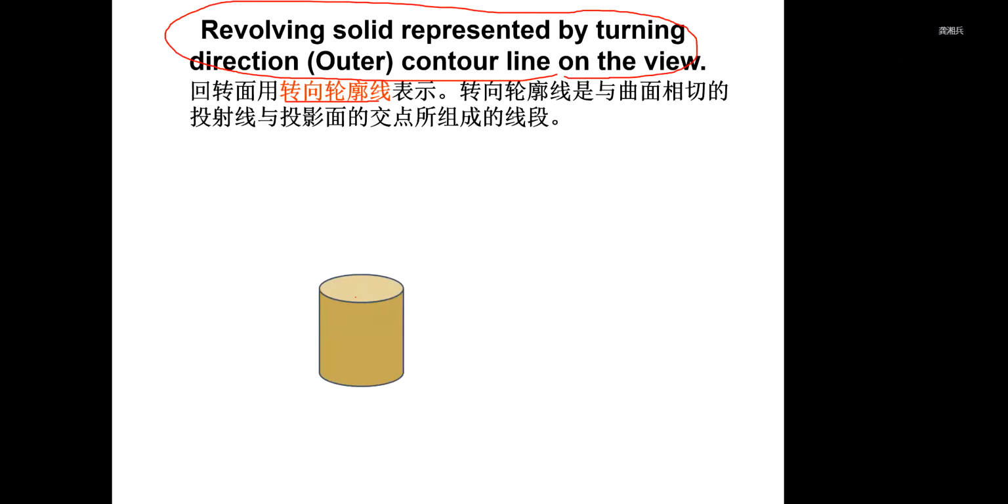Here, do you guys have any idea how I can get this one? Use a line turning around, turning in a circle, to get this solid. You can use a line here. Then you turn it around.